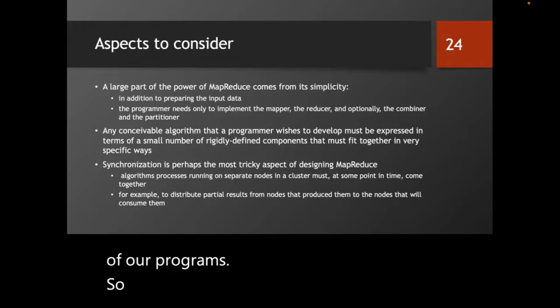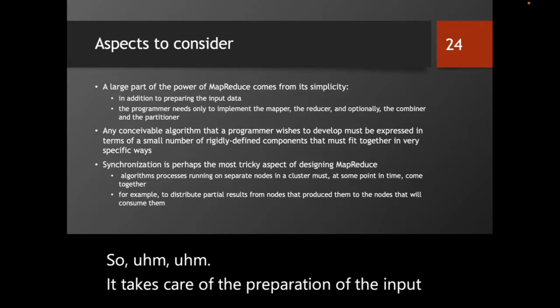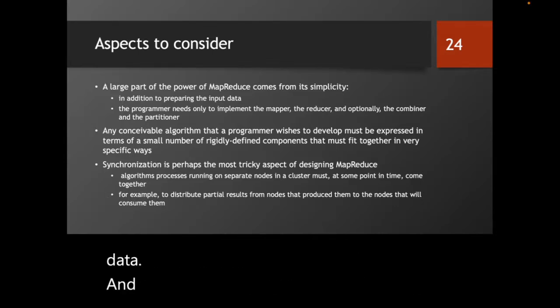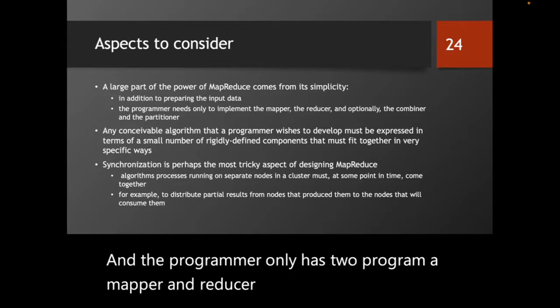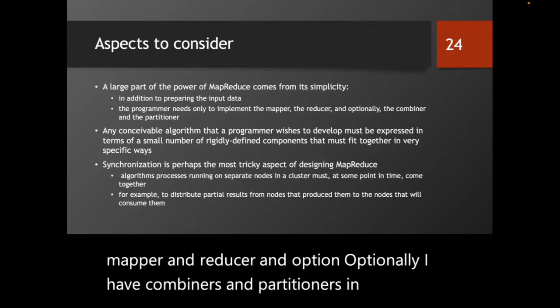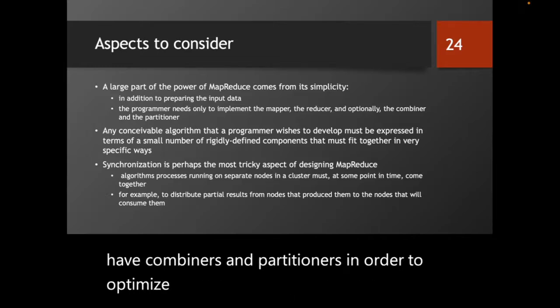So it takes care of the preparation of the input data, and the programmer only has to program a mapper, a reducer, and optionally add combiners and partitioners in order to optimize the implementation of his or her program.